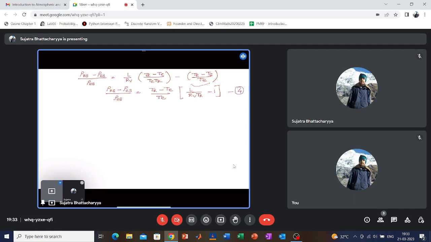So this is the expression which we are getting, that is the saturation vapor pressure or vapor density at the surface of the droplet minus the saturation vapor density at the environment, and to that of that the saturation vapor density at the environment will be equal to the temperature at the surface of the droplet minus the temperature at the environment divided by the temperature at the environment, and it also depends on the latent heating L and the specific gas constant and the temperature of the surface.